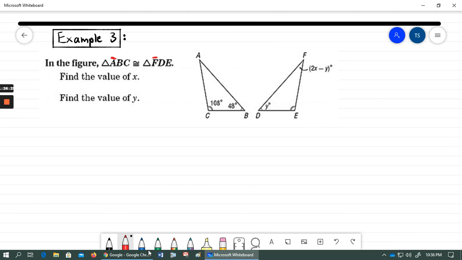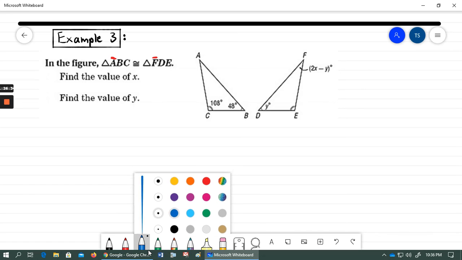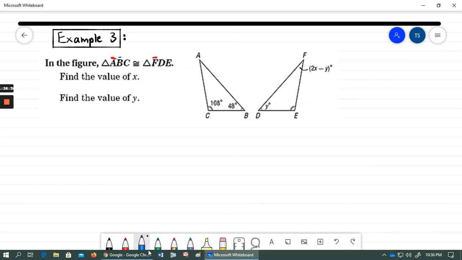Angle A goes with angle F. Angle B goes with angle D. You get my drift, right? And angle C goes with angle E. Y'all get what I'm saying here, right? So make sure you pay attention to the order that is written in the congruent statement, okay? Because that congruent statement tells us a whole lot.